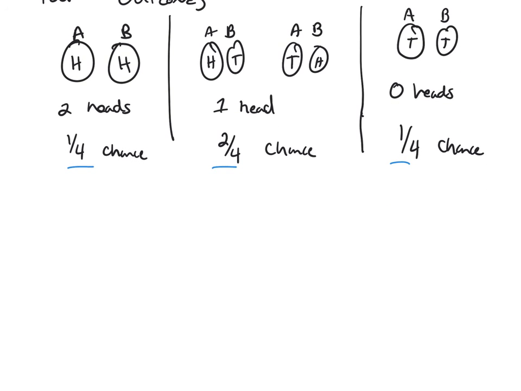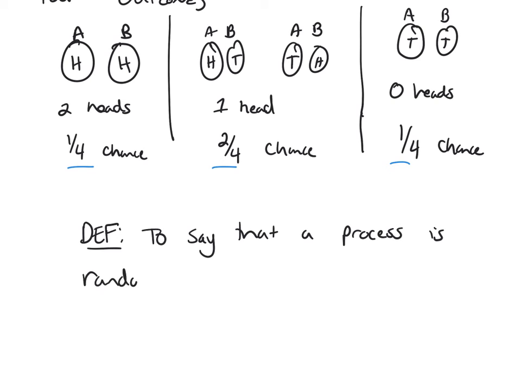Now it's important when we're talking about probability here that we make sure we're talking about random processes. So we're going to say that a process is random. What does that mean?